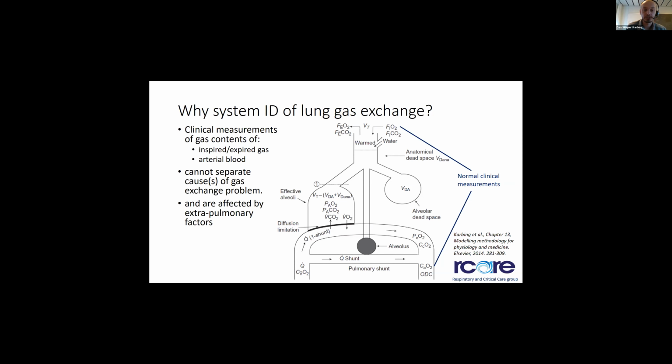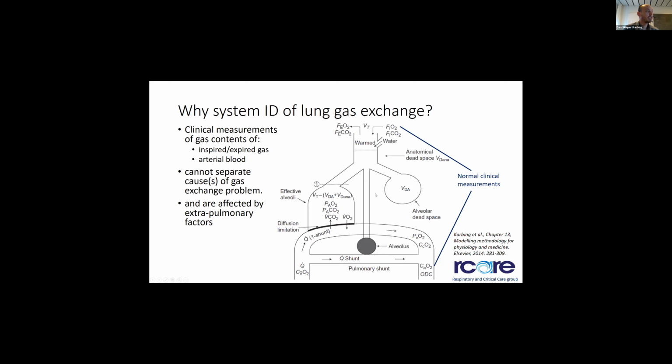If we look at this schematic on the screen, we have the gas entering the lungs, and it can come into different types of respiratory units. The lungs contain approximately 30 to 50,000 effective gas exchanging units. This is a simplification, but it overall describes the types of gas exchange problems that may occur in the lungs.